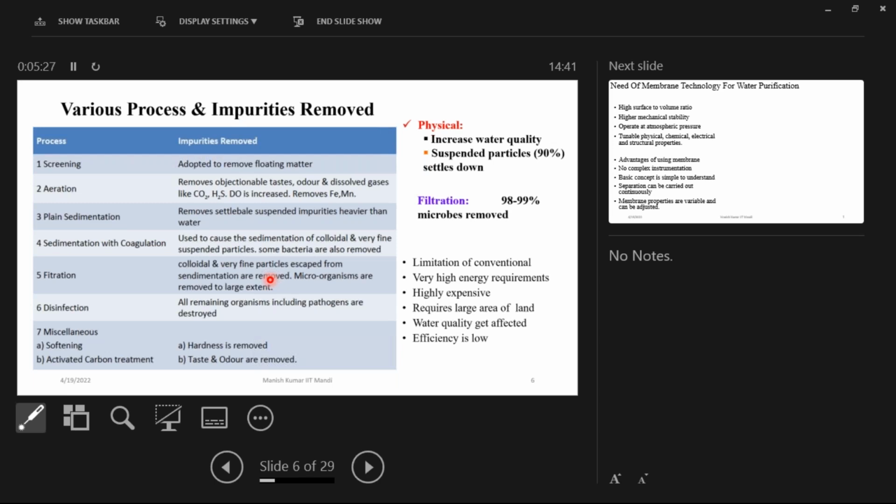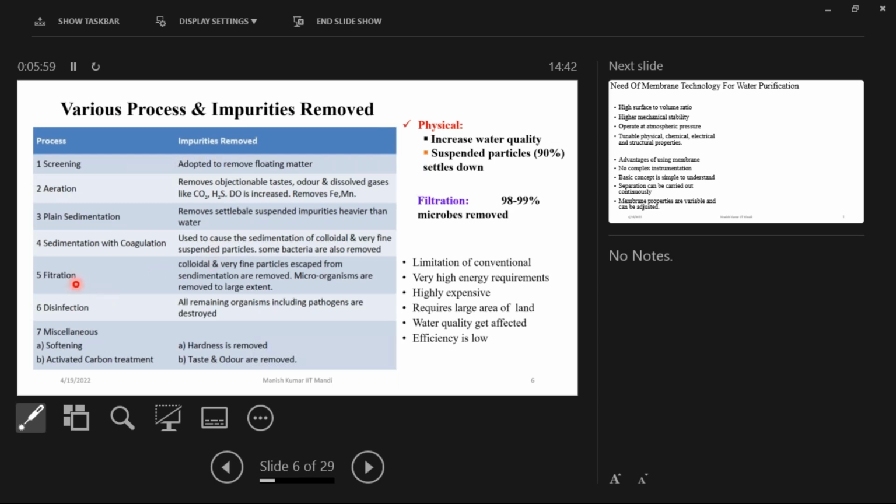A few conventional techniques are screening, in which we can remove only the floating matter, and aeration, in which we can remove taste, odor, and dissolved gases like CO2, H2S, and dissolved oxygen. Plain sedimentation can remove only the suspended impurities. Then sedimentation with coagulation, in which we add some chemicals so the particles become heavier and we can remove them.